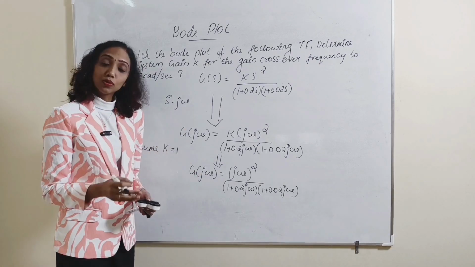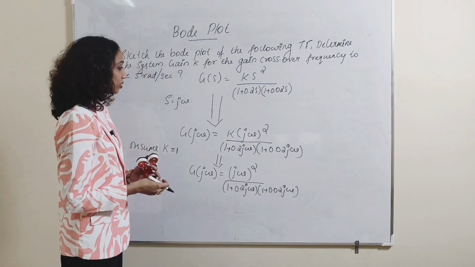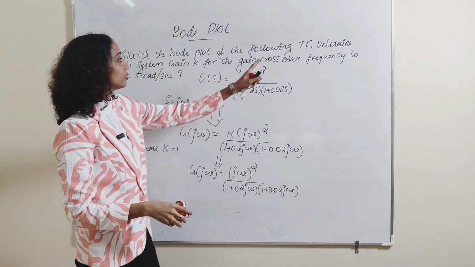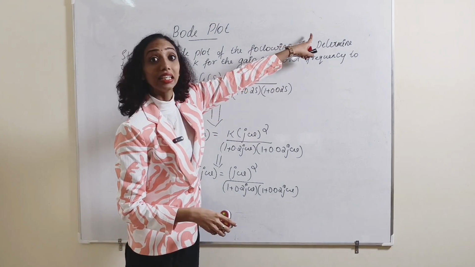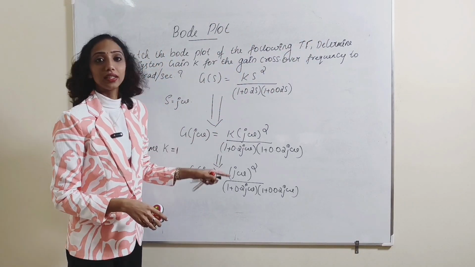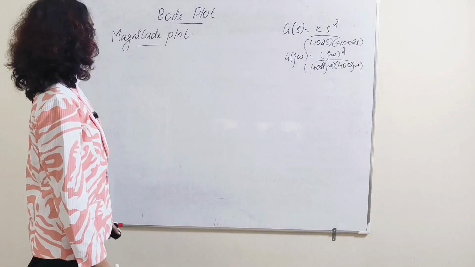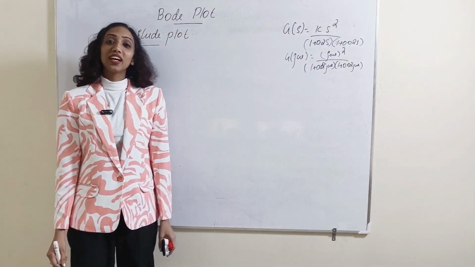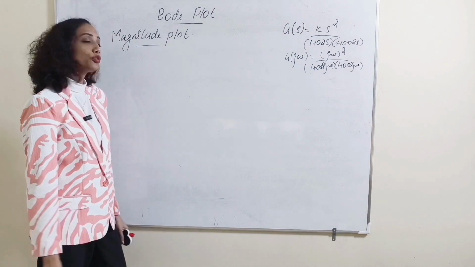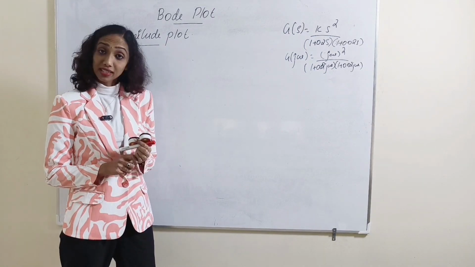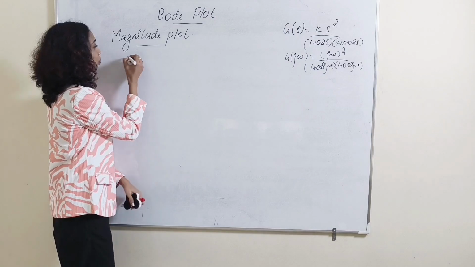Here we start the procedure for magnitude plot, erasing this question and writing this open loop function on this side. Then write the procedure. So guys, for finding the magnitude plot, we have to find the corner frequency.